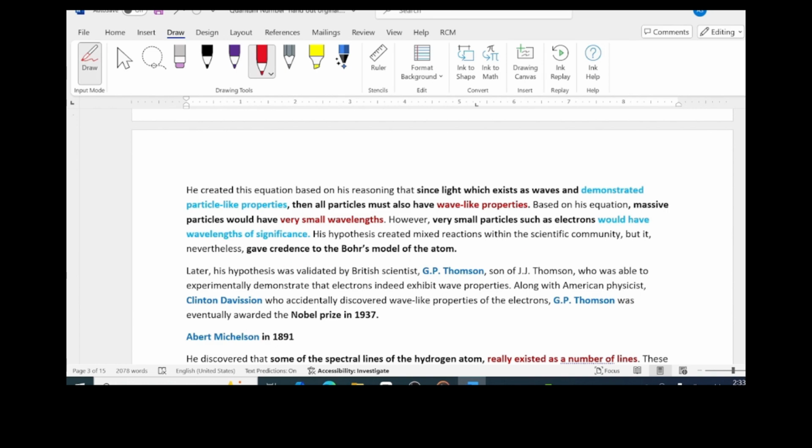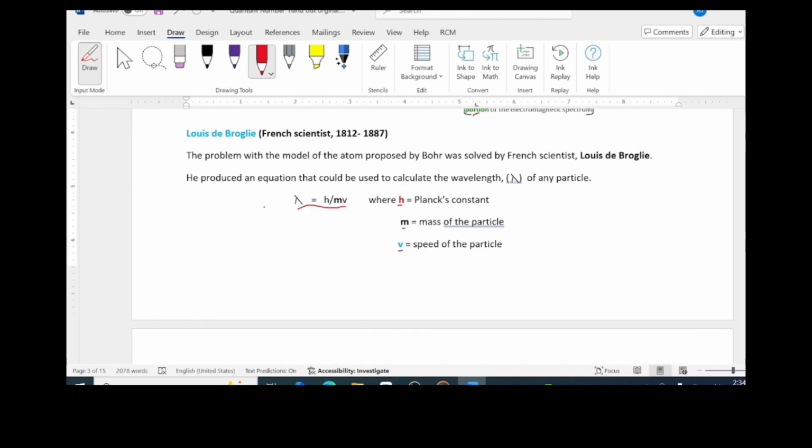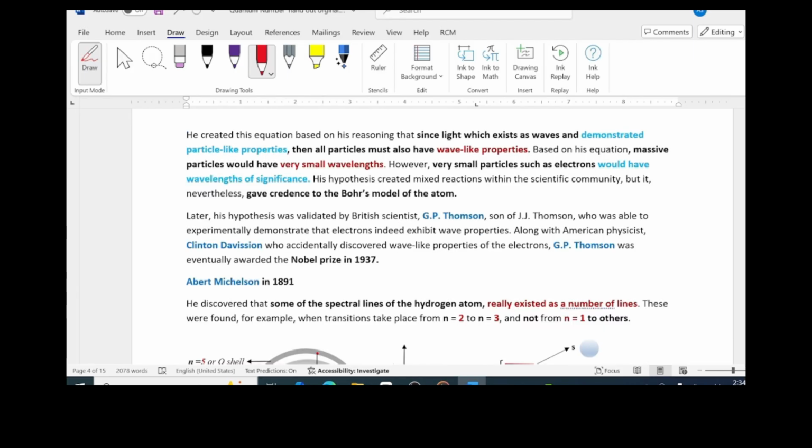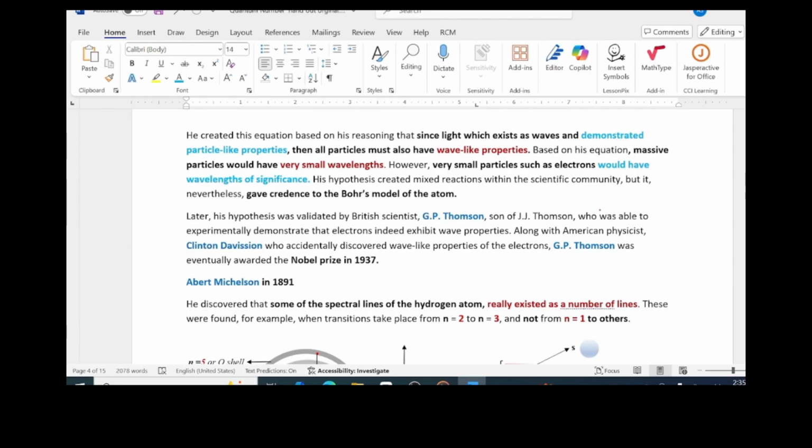So if you go back to this equation now, he's saying that, look, this is how the wavelength can be calculated. So if a particle is very heavy, definitely because this is the denominator here, that is going to be very small. But if you have very tiny particles such as electrons, then this wavelength becomes significant. His hypothesis created mixed reactions within the scientific community, but it nevertheless gave credence to the Bohr model of the atom.